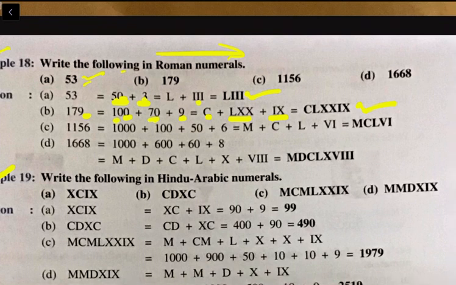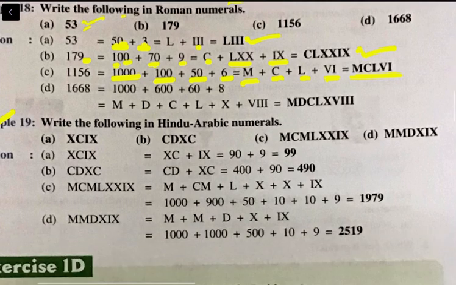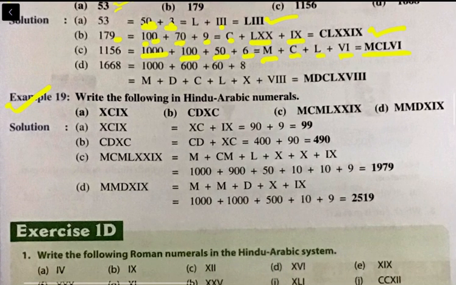1156: 1000 plus 100 plus 50 plus 6. MCL, VI for 6, MCLVI. Similarly, example number 19: write the following in Hindu Arabic numerals.